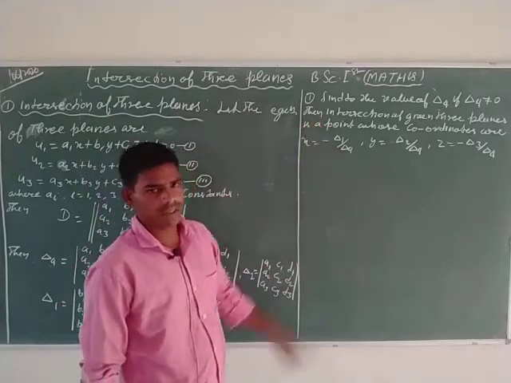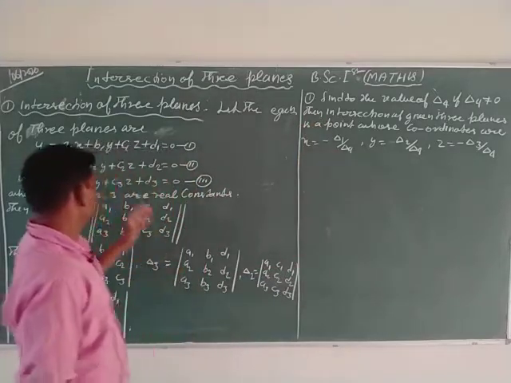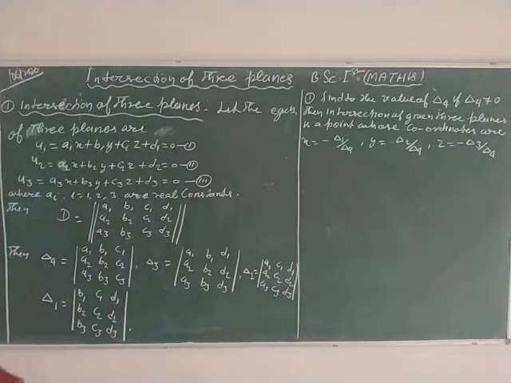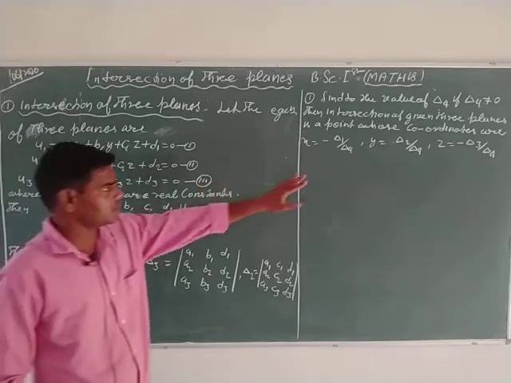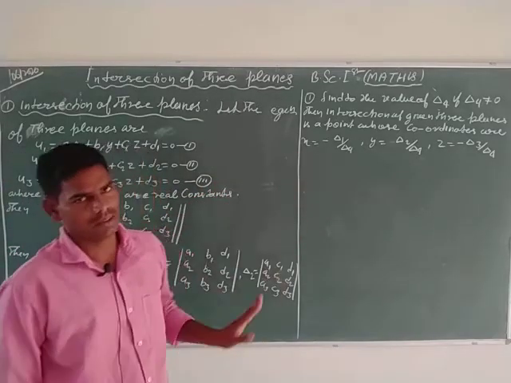This is the first step. If three plane equations are given, first calculate the value of delta 4. If delta 4 is not equal to 0, the intersection is a point.